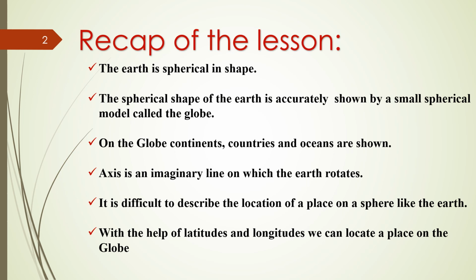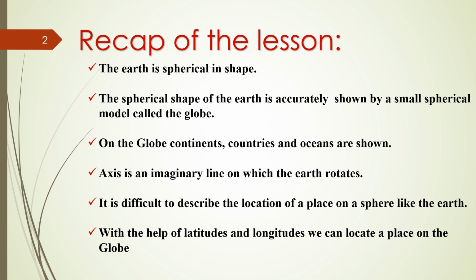Children, before going into today's topic, I want to revise the points we learnt in the previous class from the lesson latitudes and longitudes. We learnt that the earth is spherical in shape. The spherical shape of the earth is accurately shown by a small spherical model called the globe.